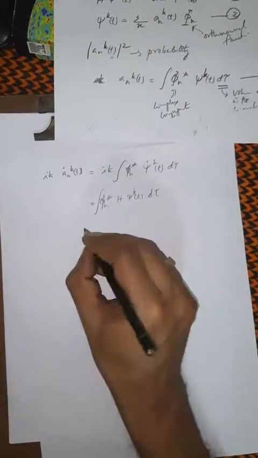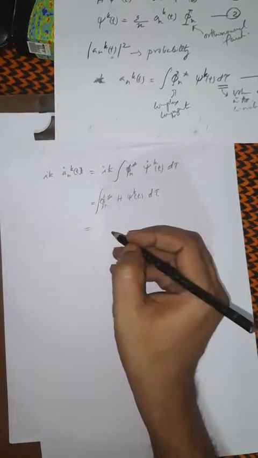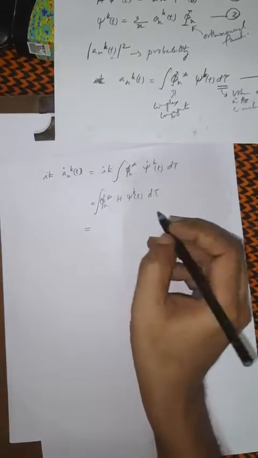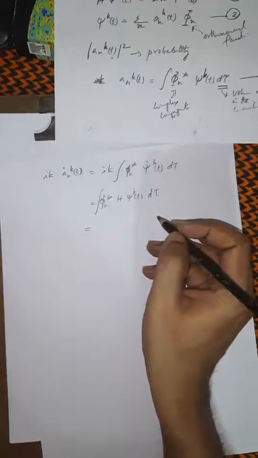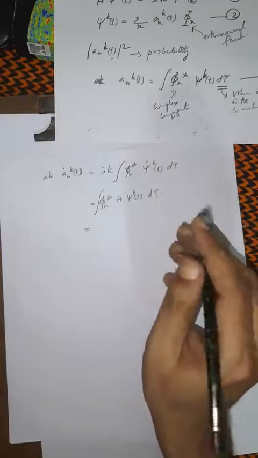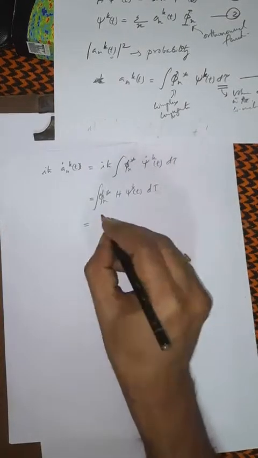Now I can always express this psi_k(t) in terms of the orthonormal function phi_n, which I earlier wrote as equation 2. So let's do that.